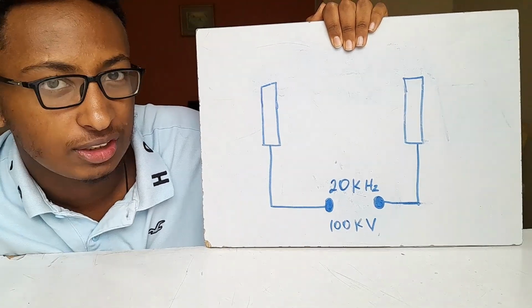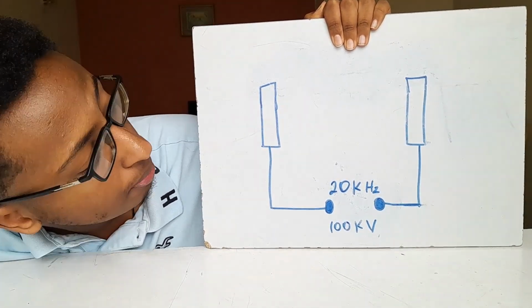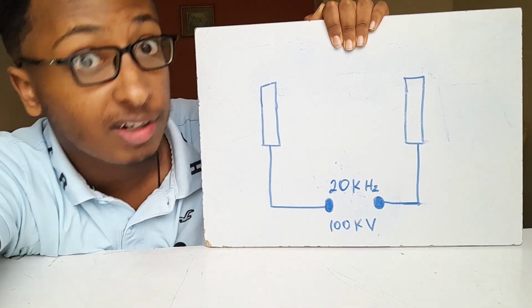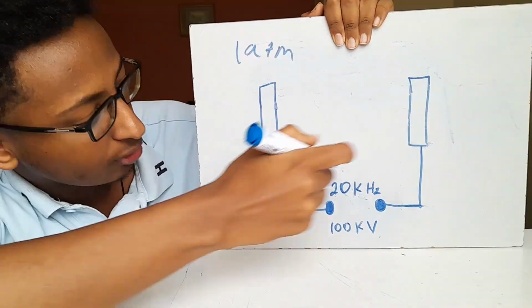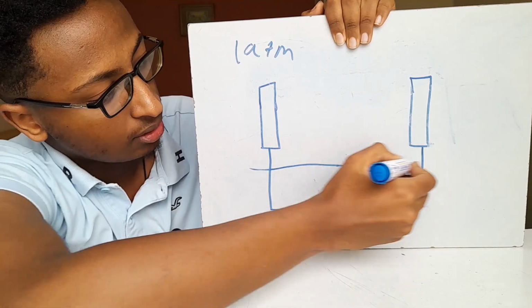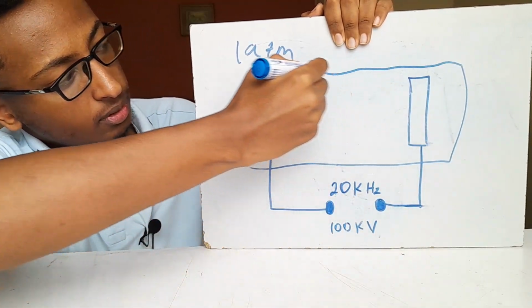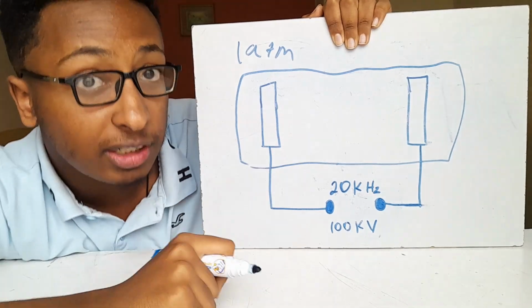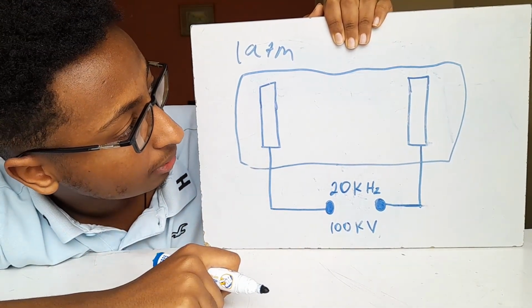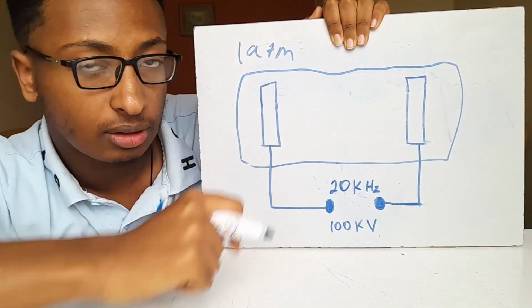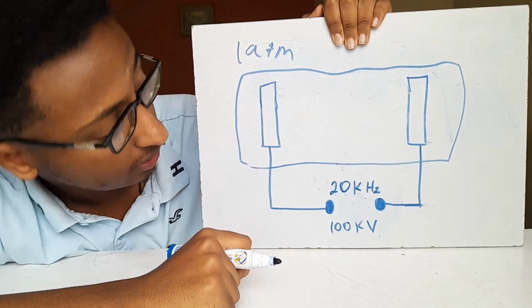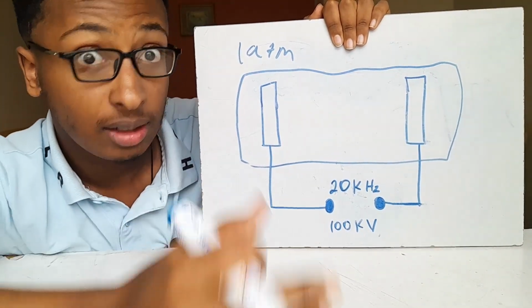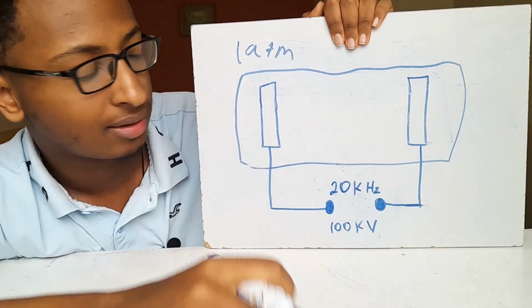Now, the last concept will be about pressure. We all know pressure is force per unit area, but we're talking about atmospheric pressure. Let's say this is a container, and if we increase the pressure inside the container where these electrodes are placed, the arc's spectrum starts to appear white.